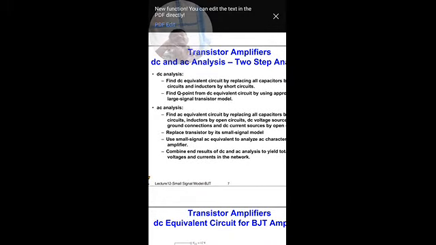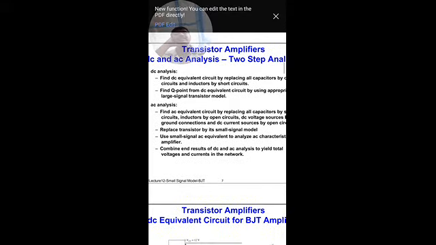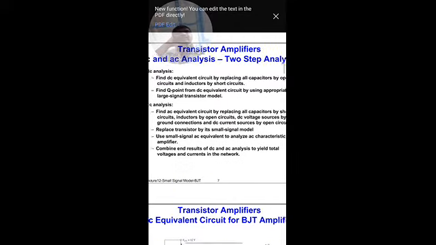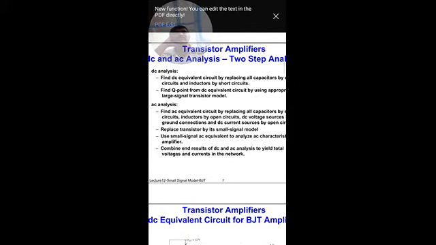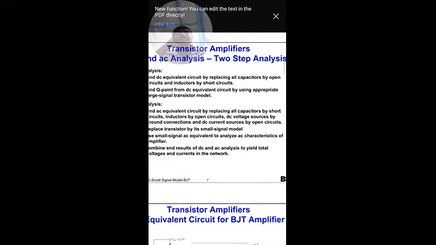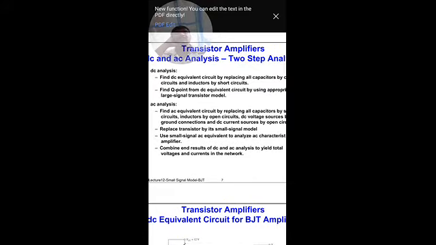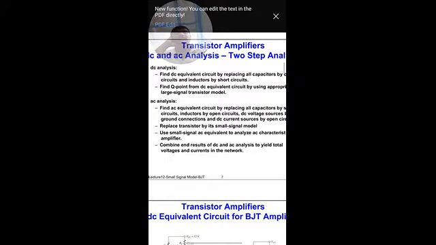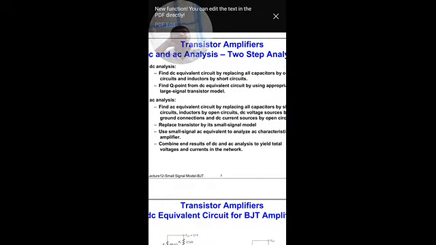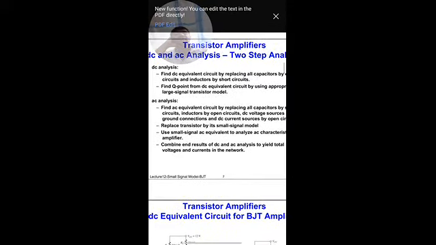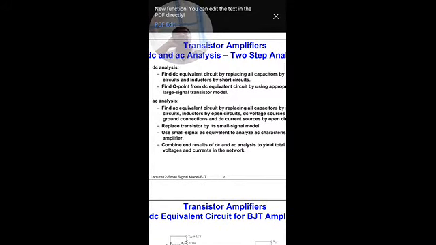After this we will do AC analysis, after the application of the input signal. The AC equivalent circuit is obtained by replacing all capacitors by short circuit and inductors by open circuit. After replacing the capacitors by short circuit, we redraw the circuit, and then we replace the transistor by its small signal H parameter model.